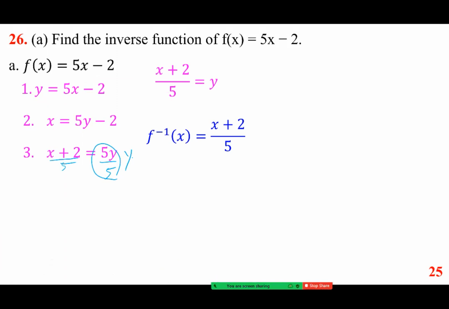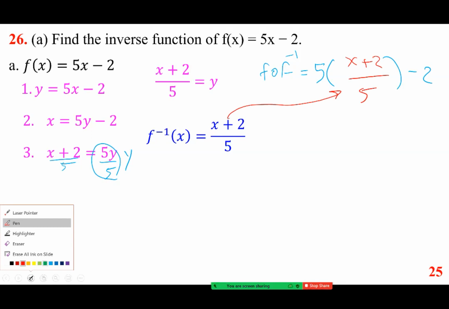And to prove, I'm going to look at f of f inverse, which is 5 times x minus 2. And instead of x, I'm going to put x plus 2 over 5. So I want to prove that I haven't made a mistake.